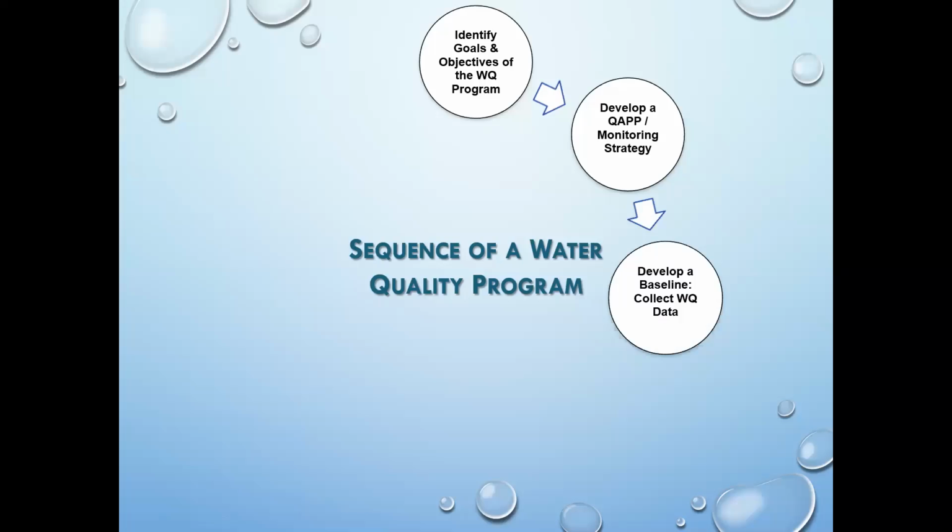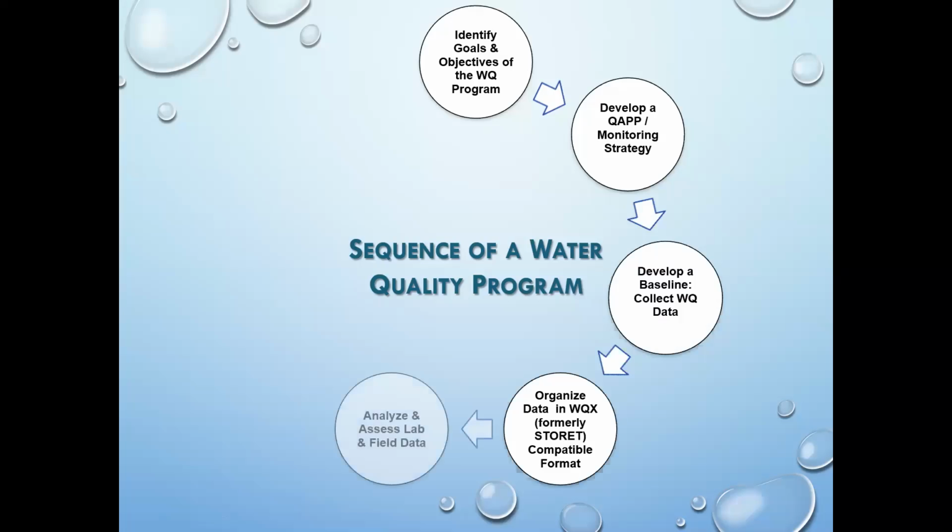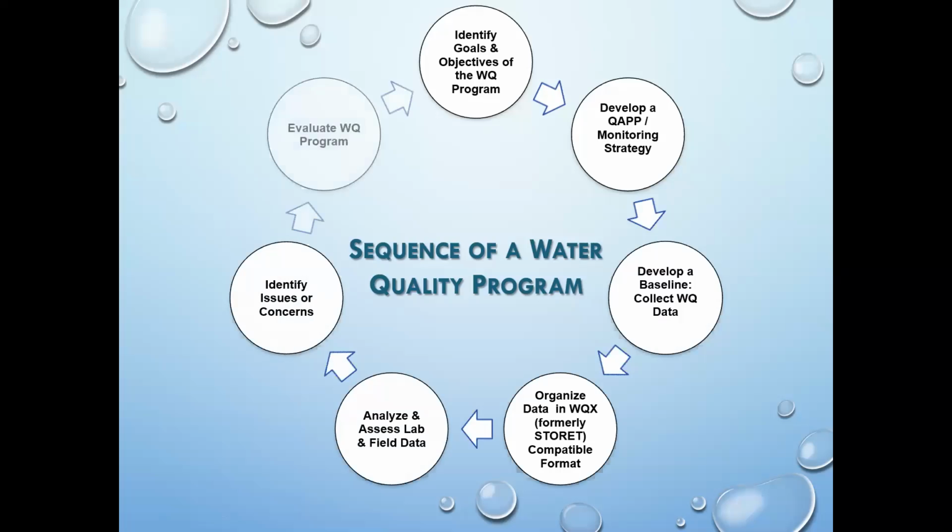You will also analyze results and identify any issues or concerns. So do you see any trends? Is there anything exceeding suggested or regulated limits? And finally, once you have developed a basic understanding of your surface water quality, you can then reevaluate to see if you have the same goals or if you have anything new to add or change, and the cycle will start all over again.